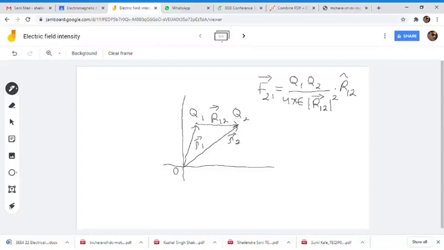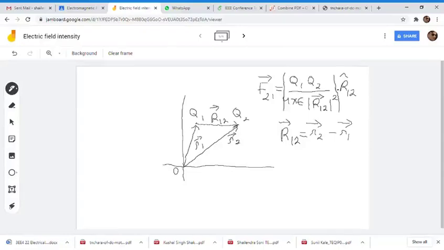Okay, so this is Coulomb's law. This is the magnitude, and the unit vector R12 is the direction. So let us write this R12. Vector R12 can be written as the final position vector minus the initial position vector. The final position vector is R2 and the initial position vector is R1.